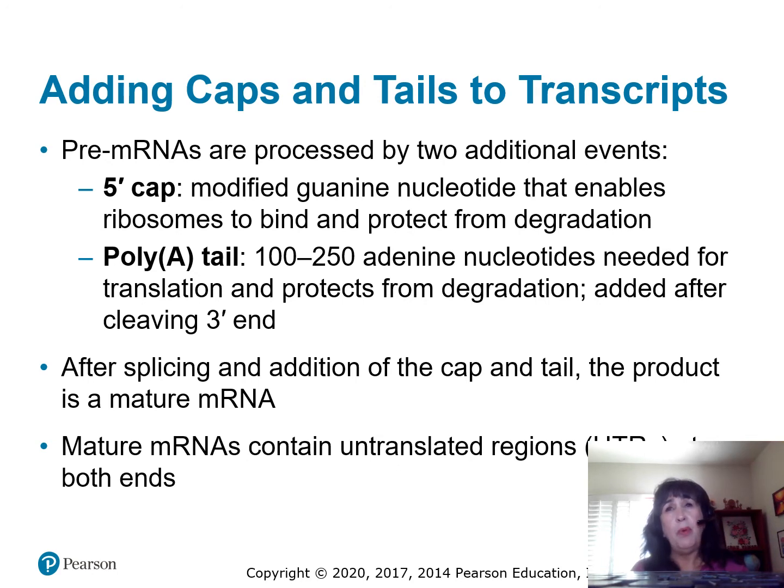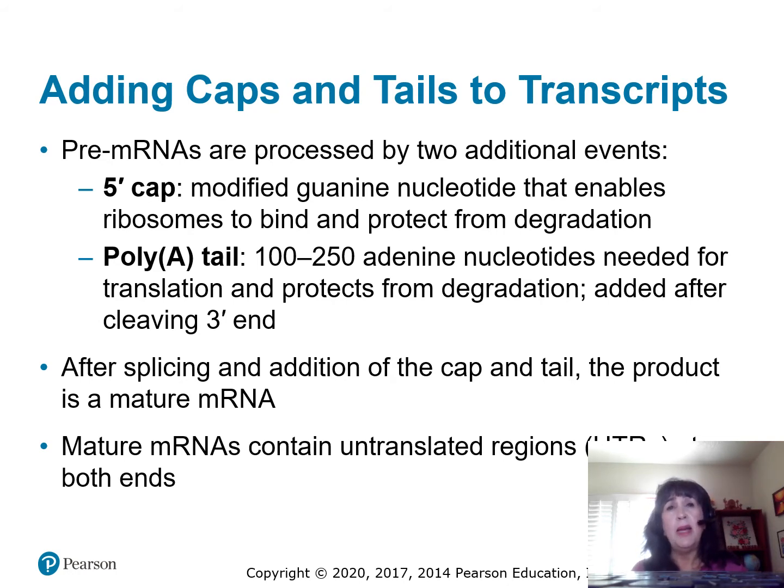Is that important? You have to remember that in a eukaryotic cell, messenger RNA is formed in the nucleus, but it must exit the nucleus and travel into the cytoplasm for translation to occur. So the 5' cap and the poly A tail are indicative of maturity, but they also protect the strand of messenger RNA.